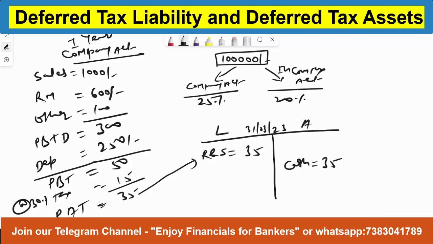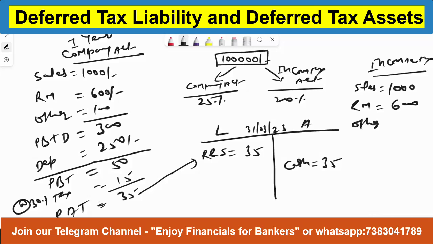Now, friends, as per the Income Tax Act, same sales 1,000, raw material 600, other expenses 100, so the total profit before tax and depreciation will be 300.